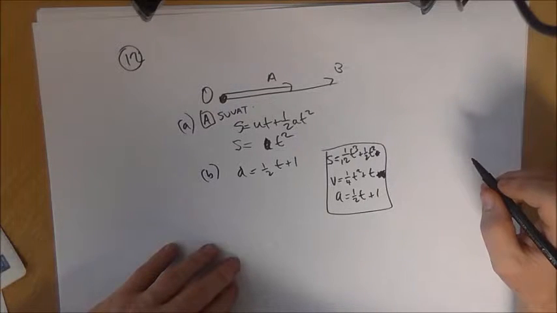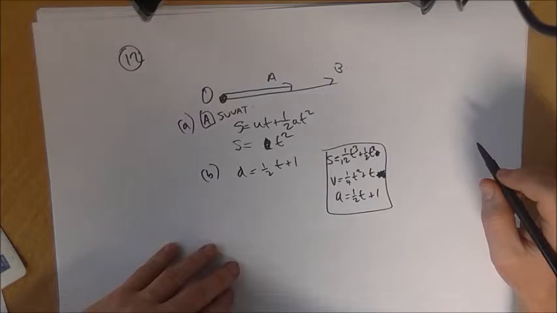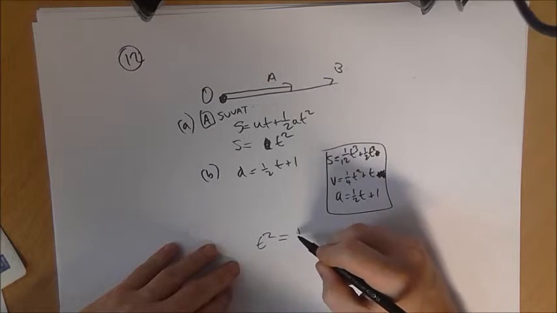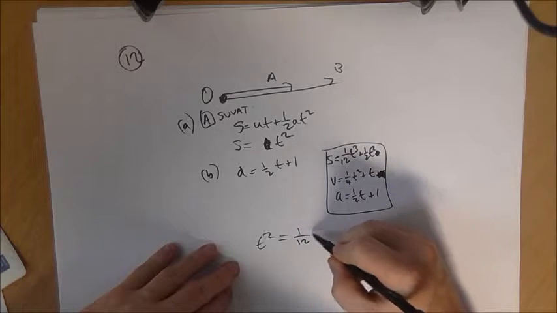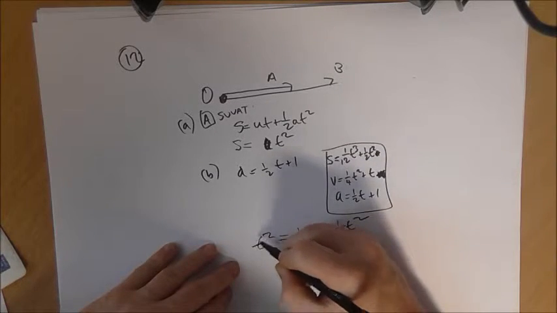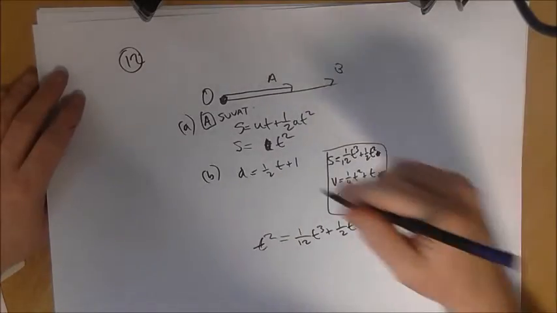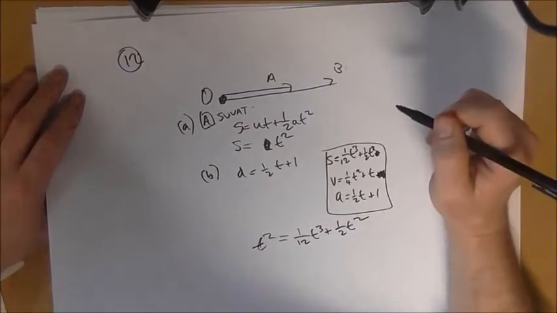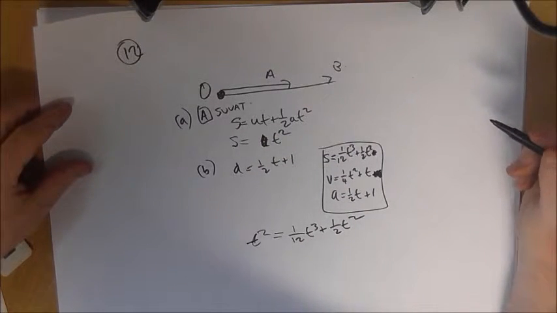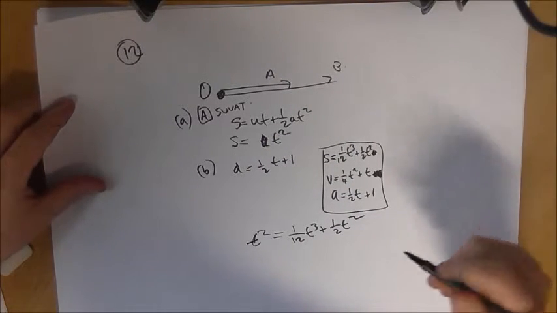Find the time at which the cars are the same distance. So when does t squared equal a 12th t cubed plus half t squared? I know distance isn't the same as displacement, but if everything's nice and simple, if nothing turns around, then displacement will by coincidence be the same as distance.